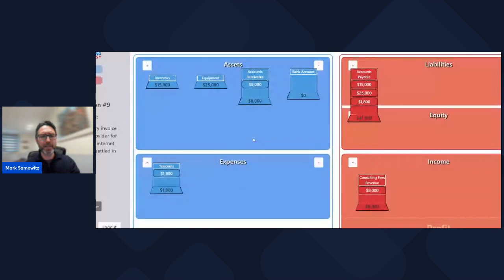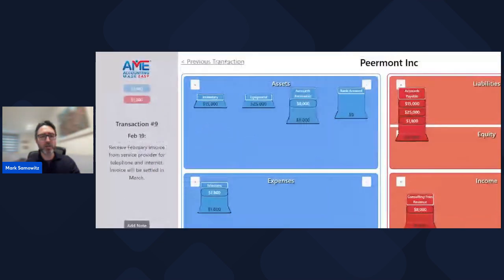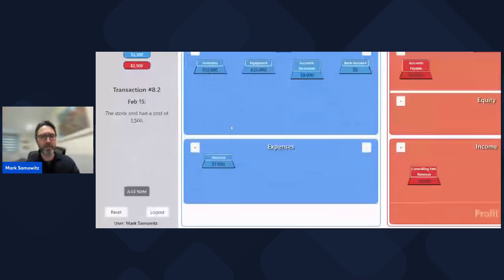So let me leave you with some clarity on that. Every time we make a sale, we would take out of our inventory, and this happens every single time. Here we go. Stock sold had a cost of $2,500. So what do we do every time we make a sale?